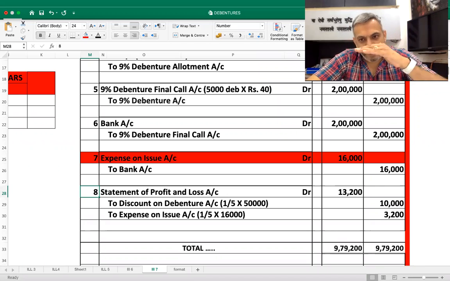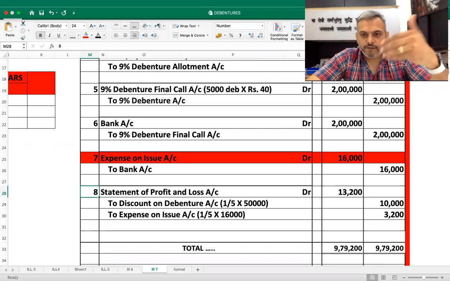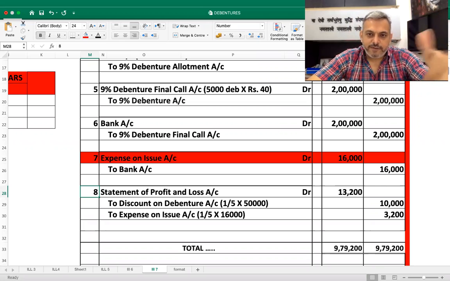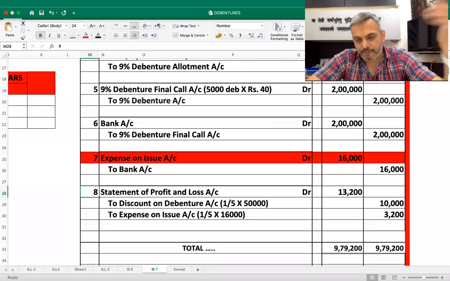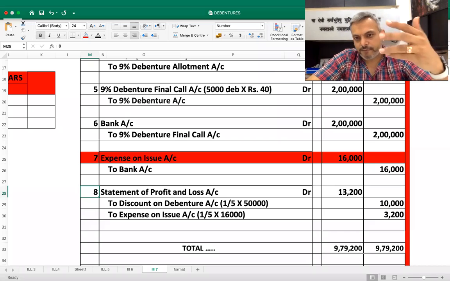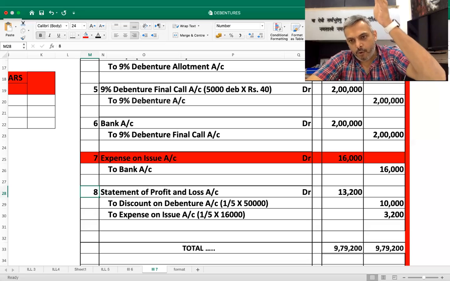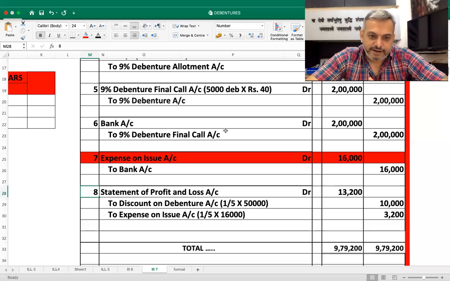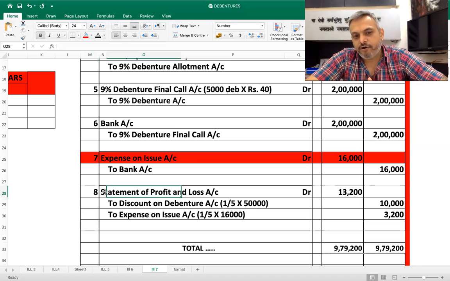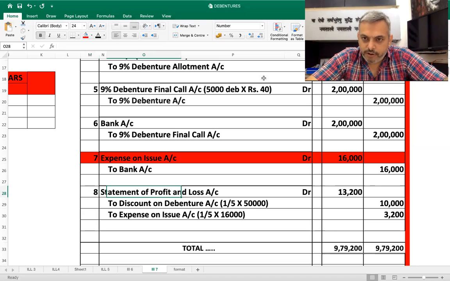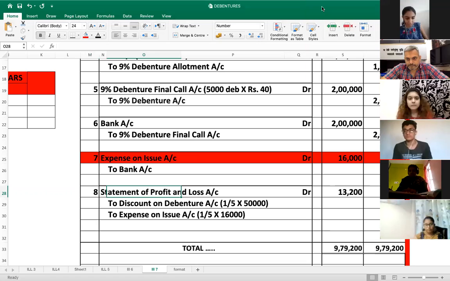We don't prepare an actual profit and loss account, what we used to do for partnership as well as for sole proprietorship. When we see that chapter, you will come to know it's a format. It's not a T-shaped format. It's a vertical format. And that is why we use this statement of profit and loss account. Okay, that is the reason.